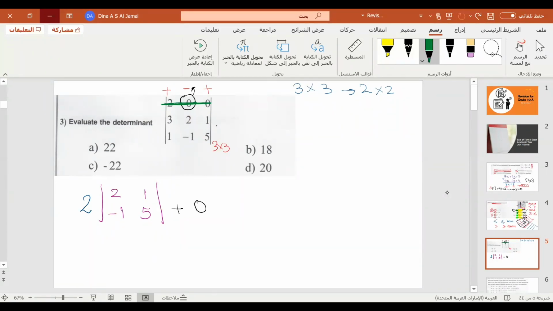And now you can't go there, you can't go there. All what you do is that you can cancel the 2 and -1. So what's left for you? Only these elements. So put it like this. And if you are expert in this way, you will know directly that no need even to write this term, because you are expert that already your 0 will cancel your 2 by 2 determinant.